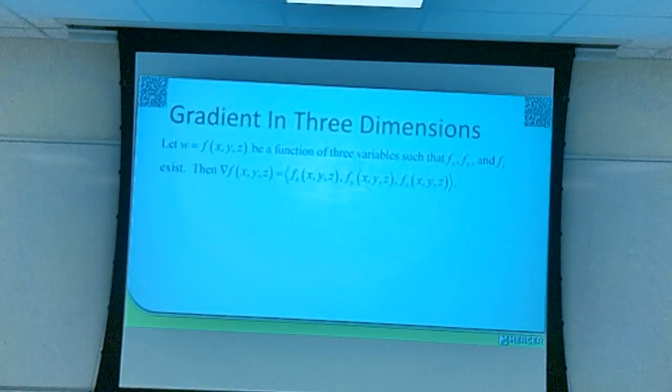And in 3 variables, that should actually be 4 dimensions, but maybe I'll fix that later. Call this 3 variables, and I'll try and remember to fix that.